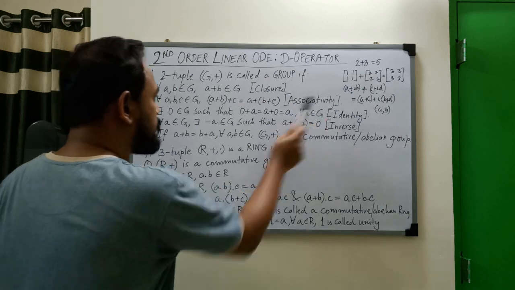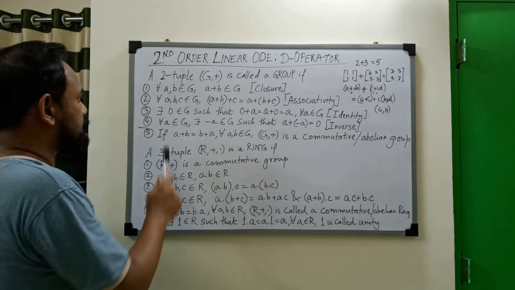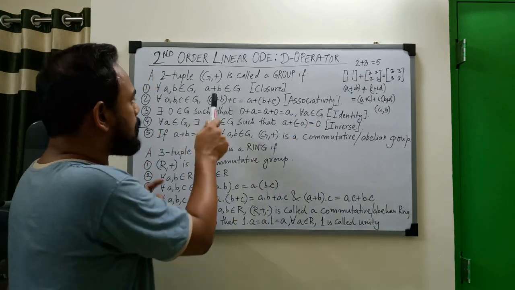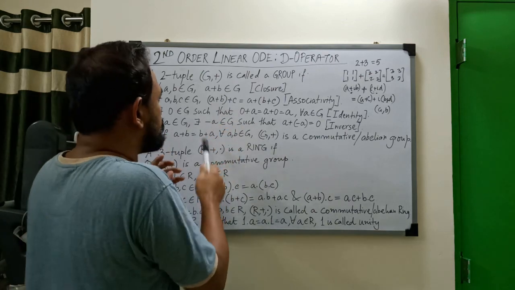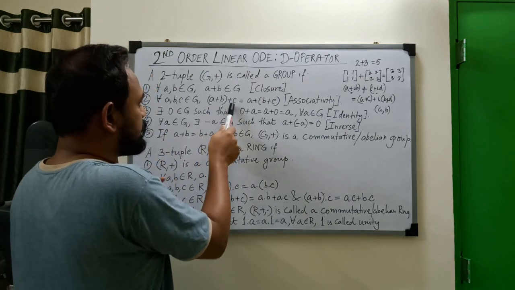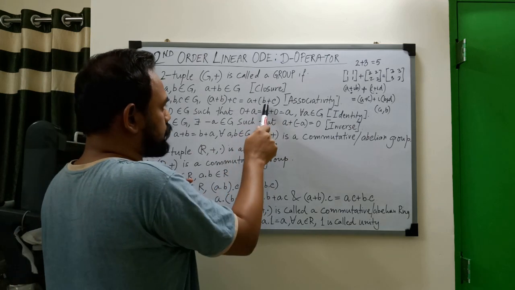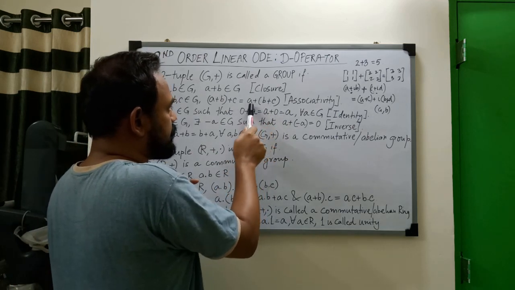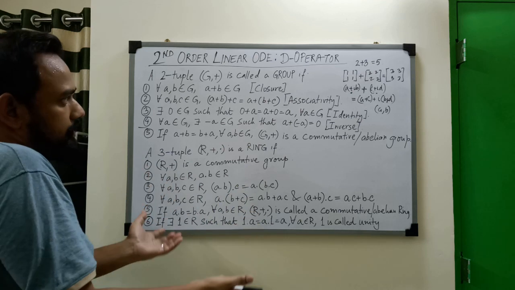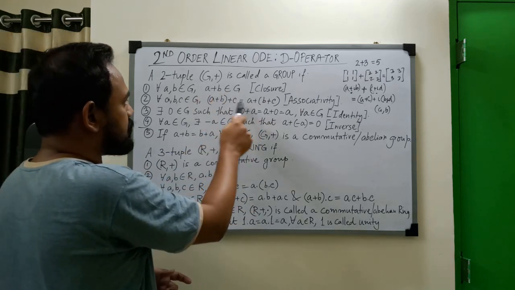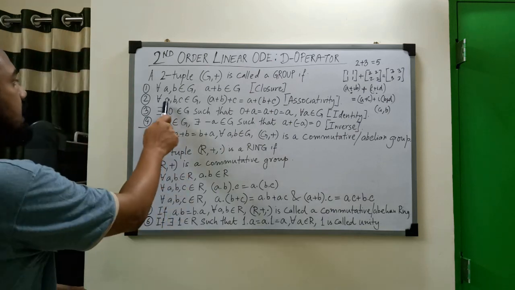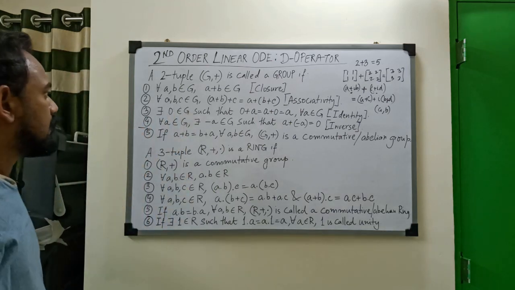This property of associativity means that if you take 3 elements, then it doesn't matter in which order you add them. You can add the first 2 and then C, or you can add the last 2, C and B first and then A. They should come out to be the same. So plus should be defined in a manner that this property also holds for any A, B, C.